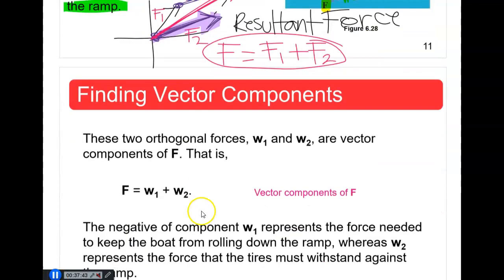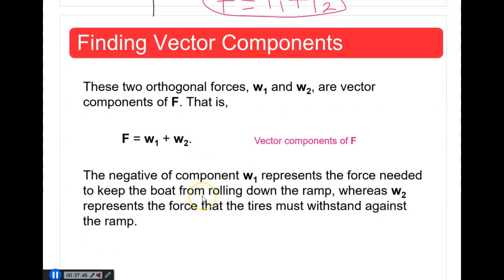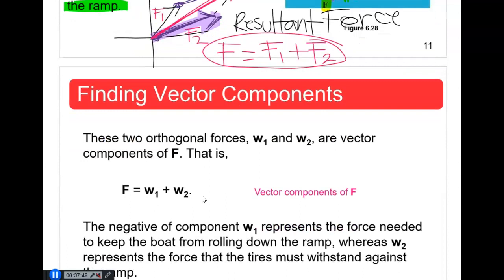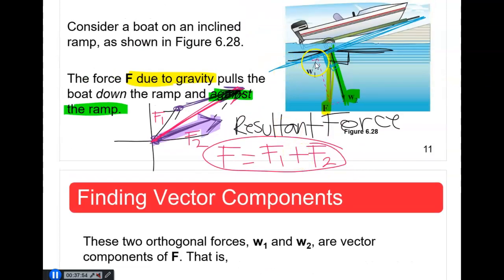So these two orthogonal forces, W sub 1 and W sub 2, are vector components of F, and W sub 1, as you can see, is right here. If we were to use the idea of the parallelogram rule, I'm just going to draw them here.